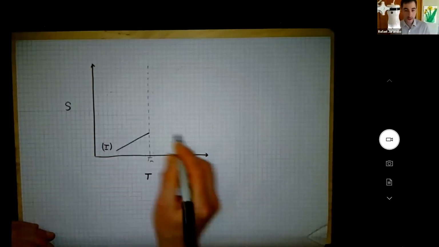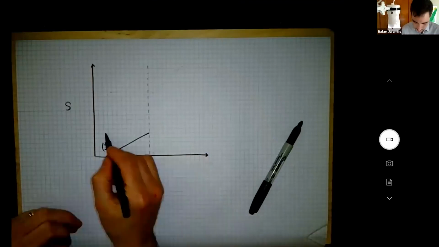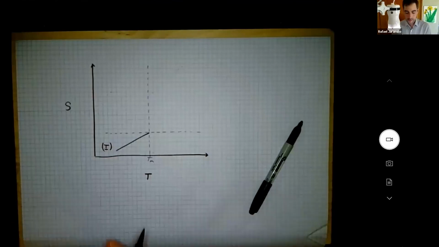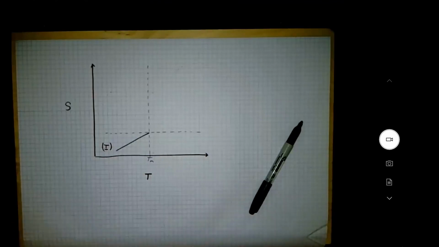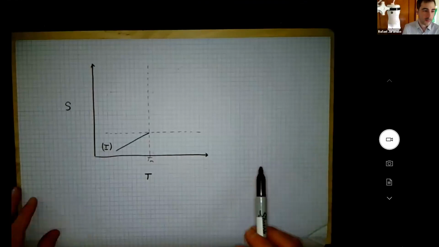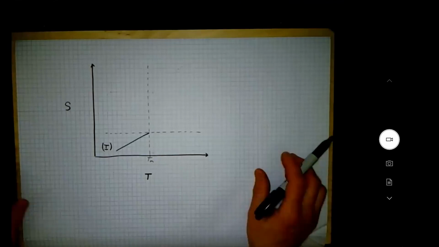What does S versus T look like in phase two? I think it's still a line. Yeah, it's a line, but with what slope? I think still a positive slope, but not curving.